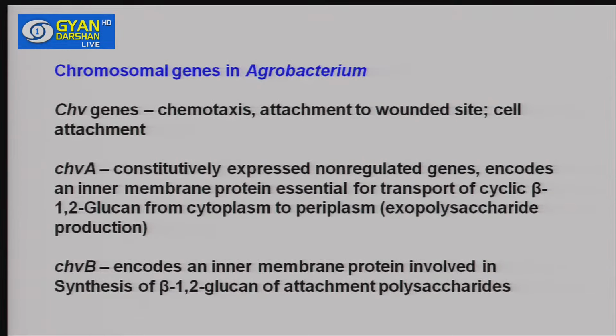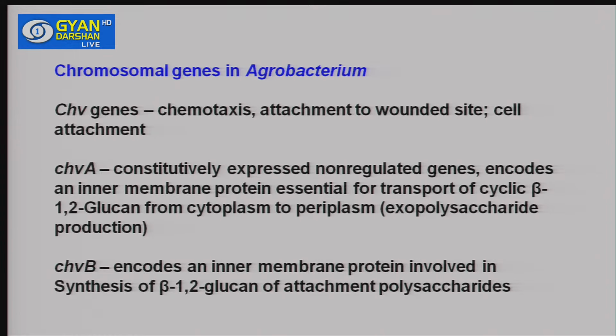Now, in addition, there are certain chromosomal genes in Agrobacterium, like CHV genes. As I told you, Agrobacterium needs to attach itself to the wounded site. Whenever there is a wound, the Agrobacterium will undergo chemotactic movement, and therefore it will colonize there and attach to the cell at the wounded site.